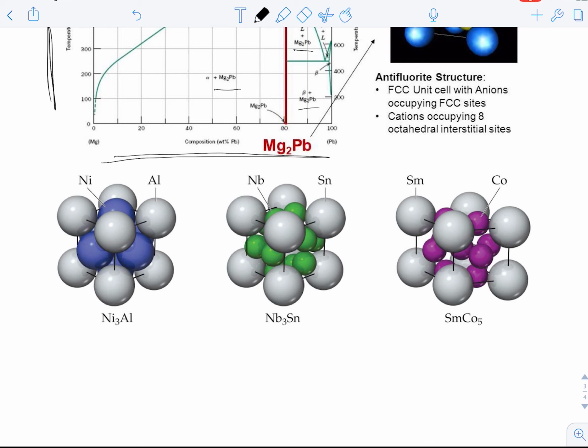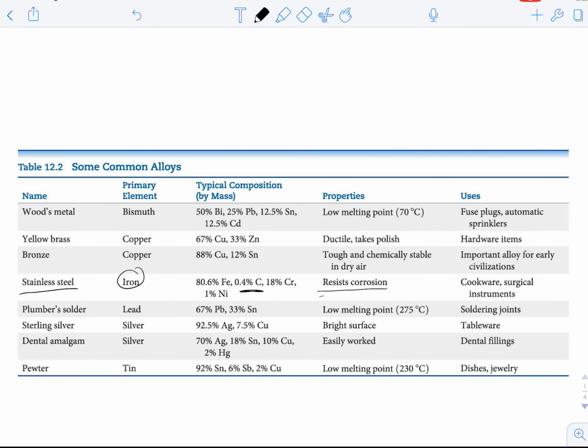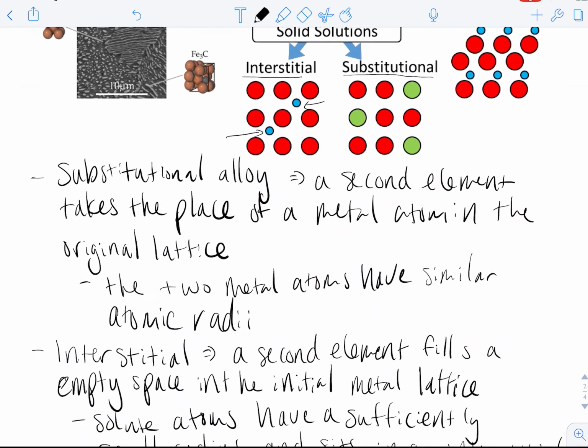No matter how good you get those compositions, with our substitutional, interstitial, and heterogeneous alloys, we're not making an exact defined composition, or molar ratio of elements, like we see with our intermetallics. If we look back, our regular alloys have percentages of elements, but not molar ratios of elements.